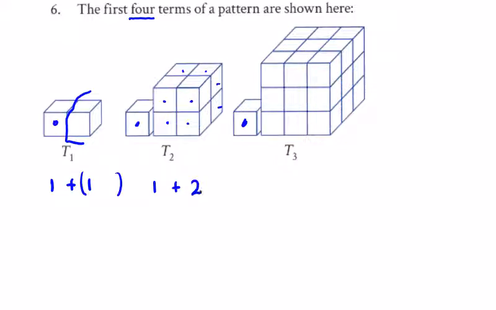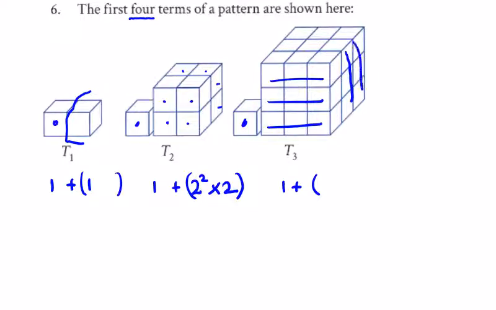It's going to be 2 squared at the front. And we're going to have 2 of them, 2 rows of it. And then the third one is 1 plus, at the front here we have 9, which is 3 squared, and you can imagine there's 3 rows of it, so it's going to be 3 squared at the front times 3. This looks like it's cubic, so 1 plus 2 cubed.